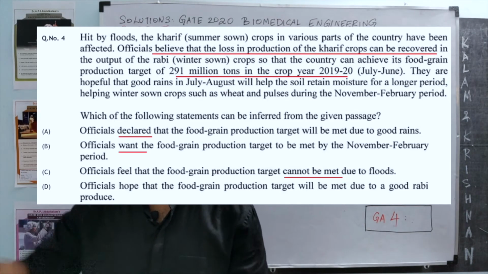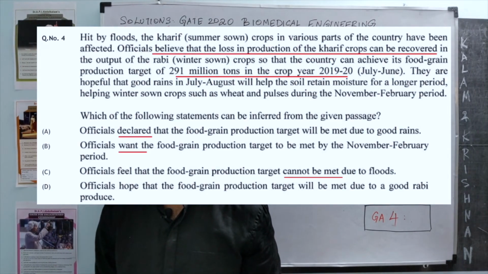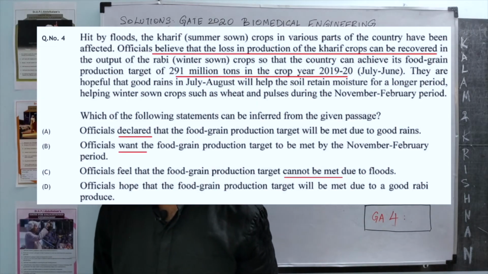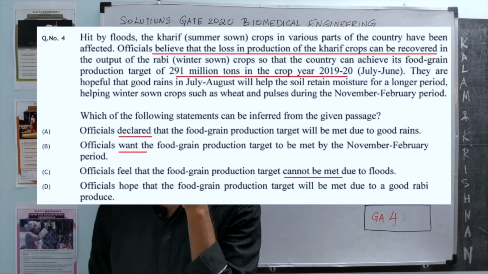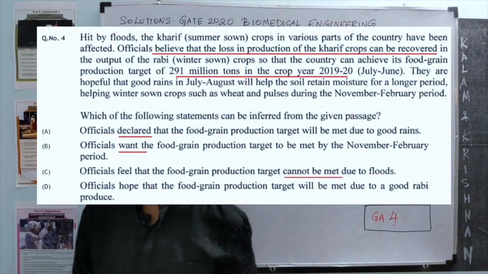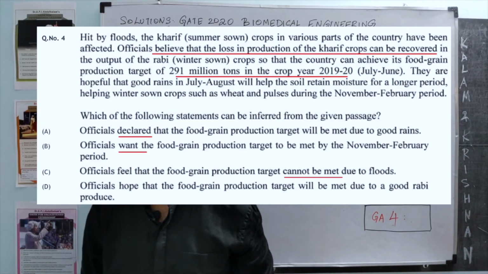Officials believe that the loss in production of the Kharif crops can be recovered in the output of the Rabi (winter zone) crops, so that the country can achieve its food grain production target of 291 million tons in the crop year 2019-20, July to June. They are hopeful that good rains in July-August will help the soil retain moisture for a longer period, helping winter zone crops such as wheat and pulses during the November-February period.